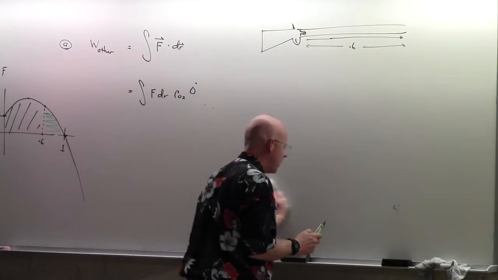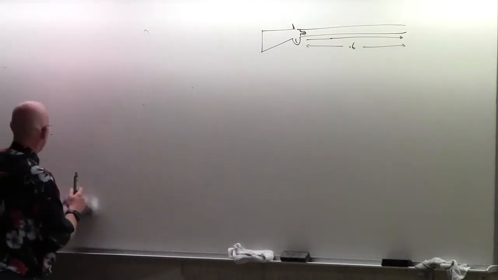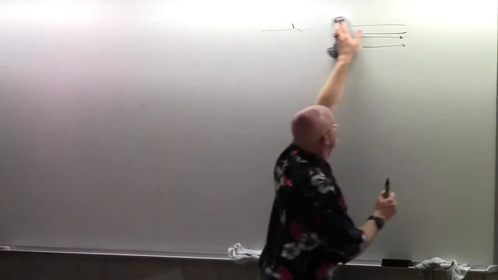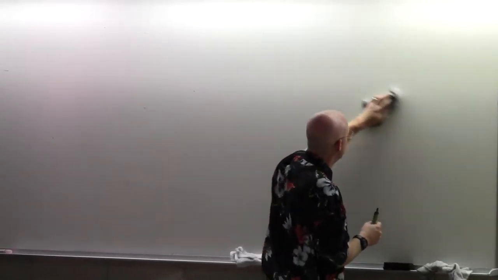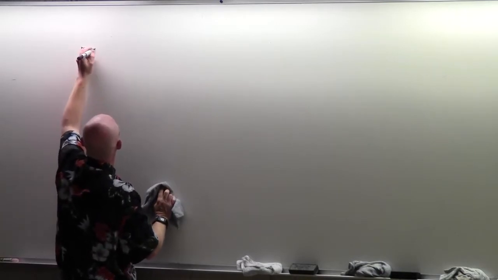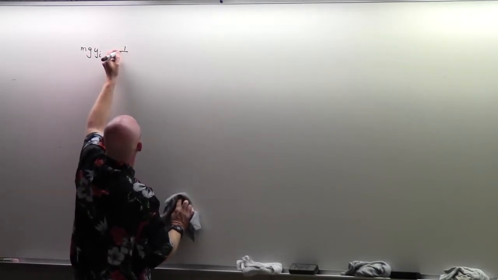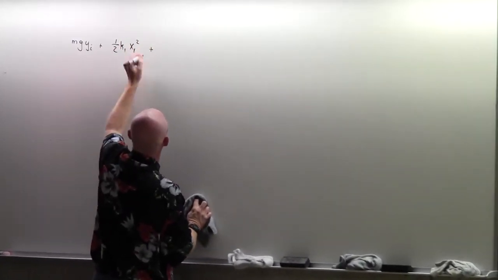And so if we go back and look at how we got that equation up there, this term right here, didn't that come from the spring? So how would this be modified if we had two springs? Well, I guess I'll write the first term, mgy initial, and let me write k1 x1 squared.